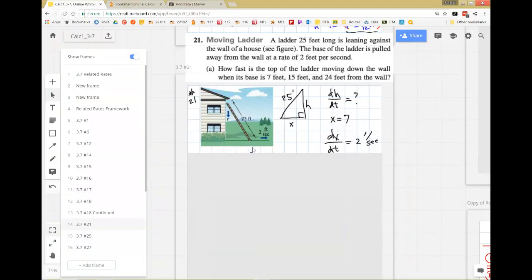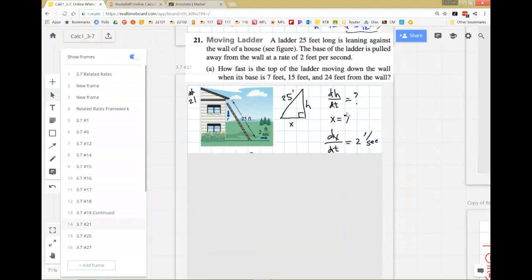So I drew this picture. I drew it backwards, but basically the hypotenuse is the ladder, 25 feet. You've got this horizontal distance, x, and the height, h. How high is the ladder off the ground? x is given to be 7.